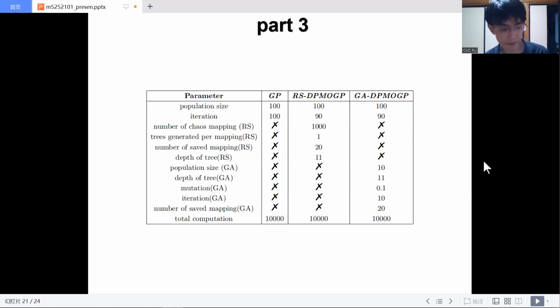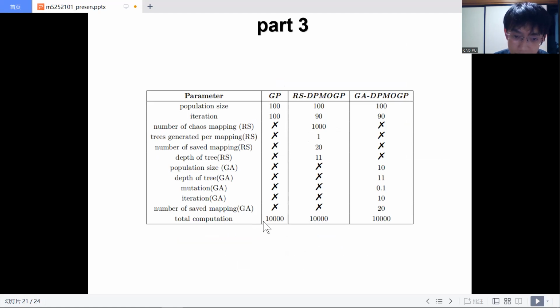Okay, so for stage 3, this is the parameter setting. The purpose of experiment 3 is to talk about the computation. We control the total computation for these 3 methods.